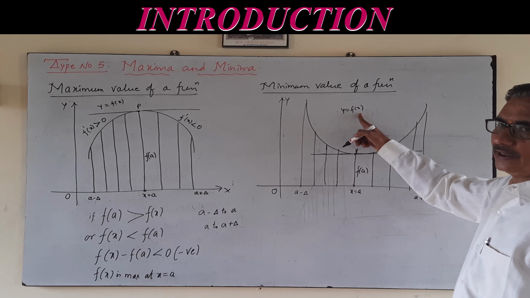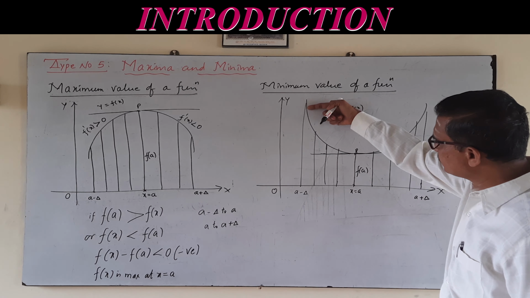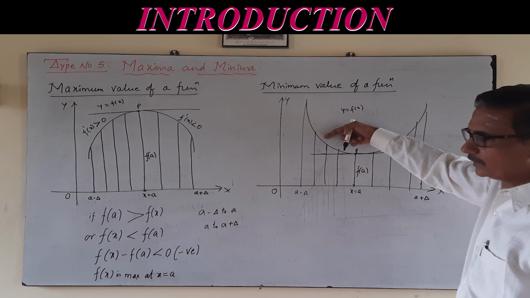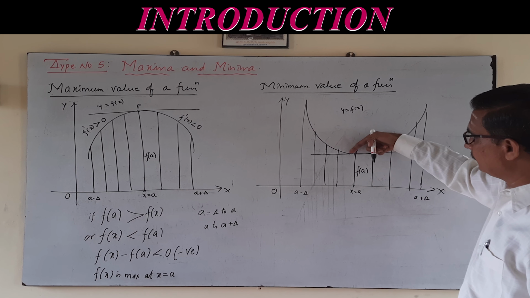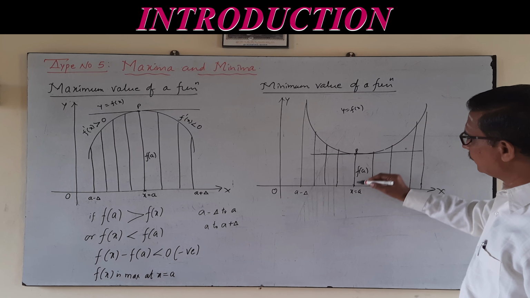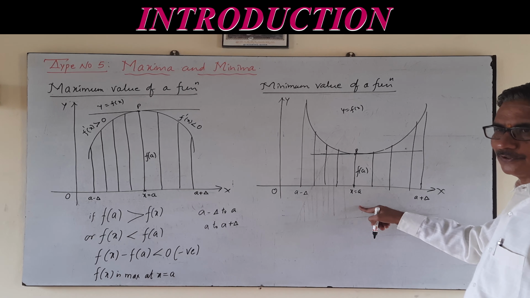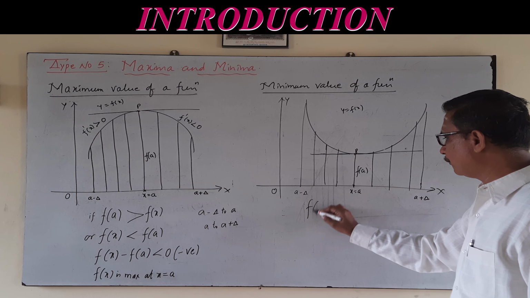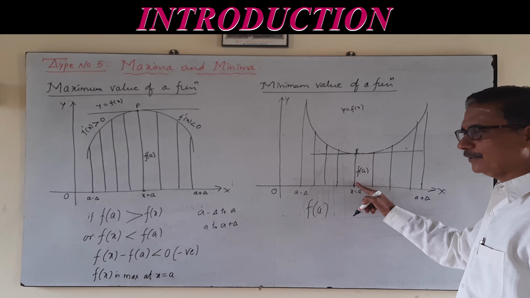A function y is equal to f of x is said to be minimum, it has been decreasing, at a particular point in general at x equal to a, if f of a, this line compared to all the other lines, is smaller, is less than f of x.